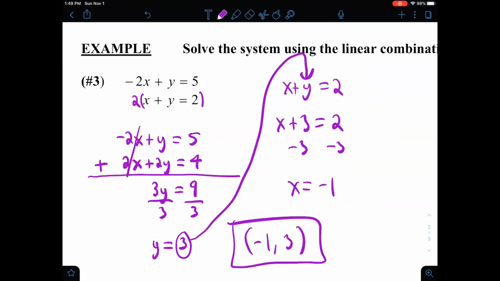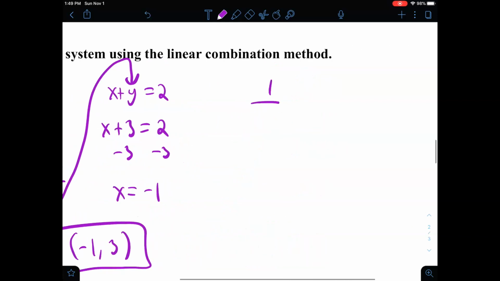Okay, a couple little tricks here. This is kind of similar to finding common denominators. For example, if you had 1/2 plus 2/5, the common denominator would be 10, right? Times 5 and times 2.